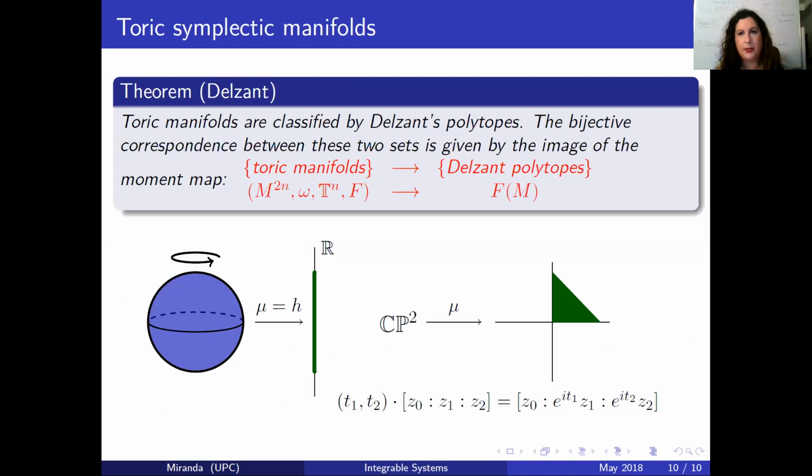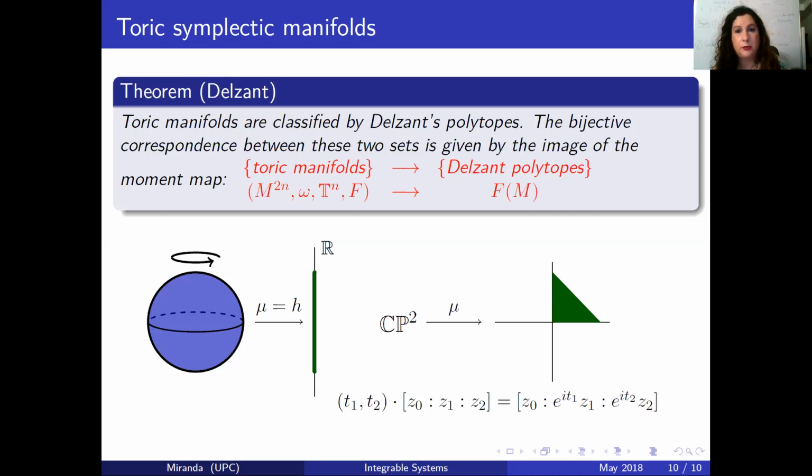That's called the Delzant polytope. Okay, and the Delzant polytope is the image of the symplectic manifold. I didn't write it here, but I'm assuming the manifold is compact, otherwise this is false. So if I have a compact manifold, the image of this is just a polytope. In dimension 1, this is an interval. Example: rotations on the sphere that we saw before.